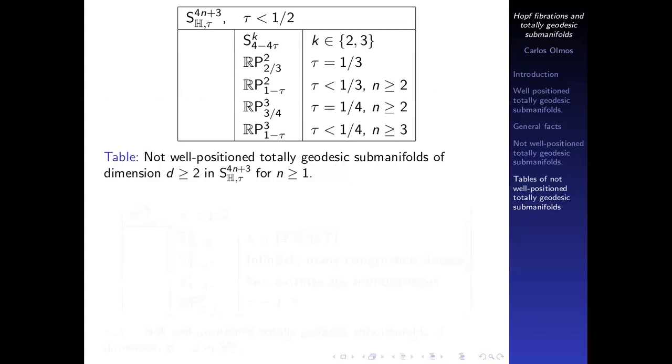So there are some spheres that are situated in not well positioned, totally geodesic, but then others appear, some projective spaces of dimension 2 and 3, depending on tau and on the type of the Hopf fibration.